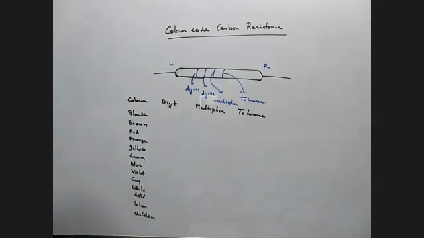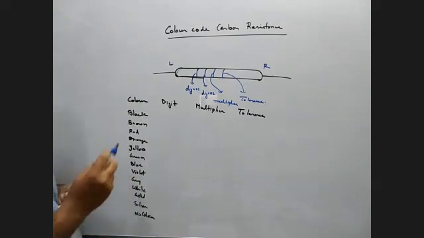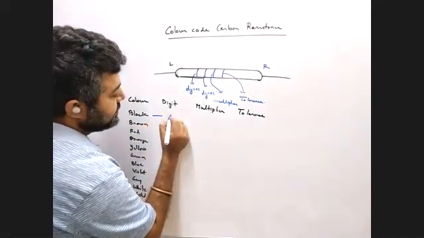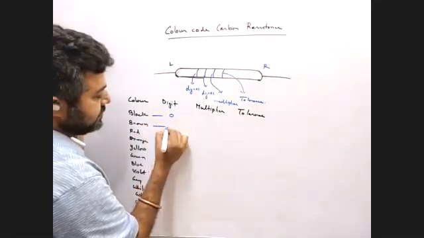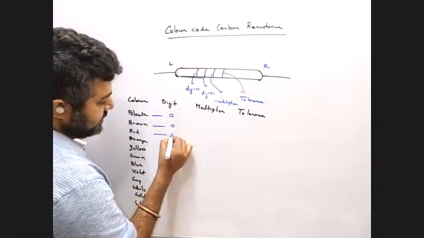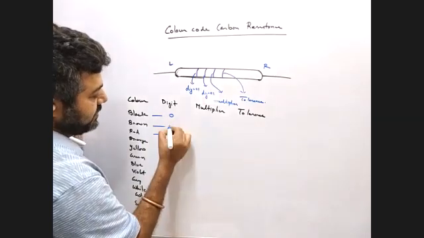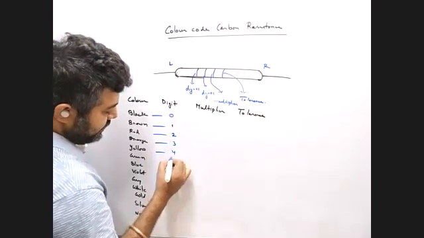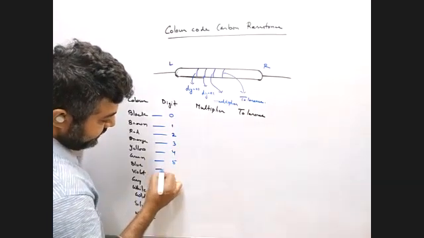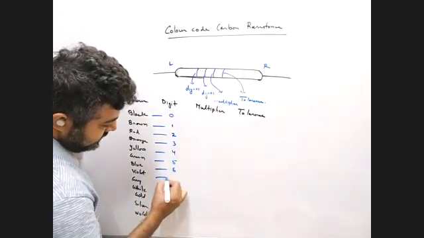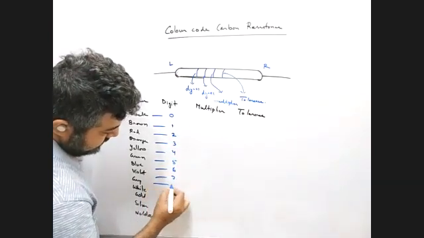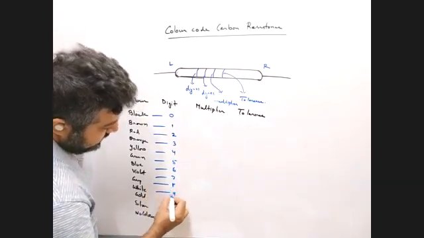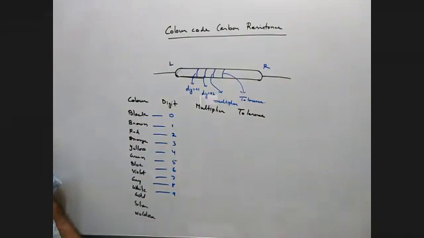Now see the digit for each. For black, digit is 0. For brown, digit is 1, then 2, 3, 4, 5, 6, 7, 8, 9. So 0 to 9, you have 10 digits.